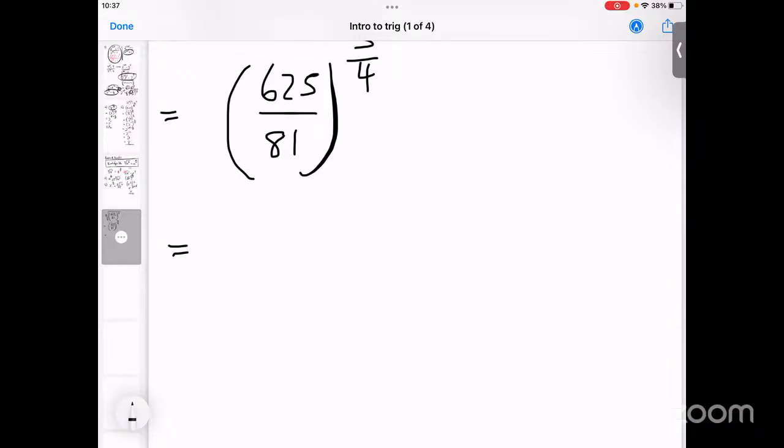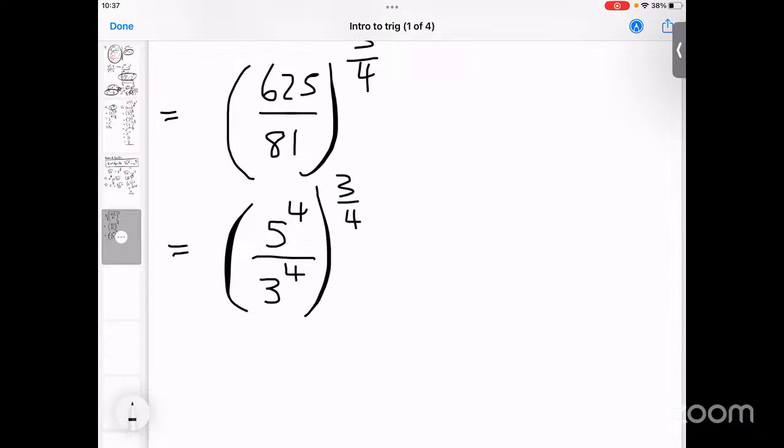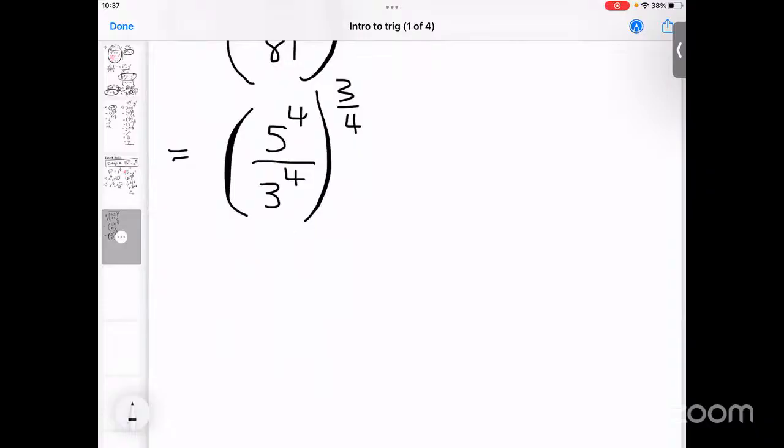When you look at the writing above that button, it's FACT. You press on it, it will give you that 625 is the same as 5 to the exponent of 4. You do the same with 81. It will give it to you on your calculator as 3 to the exponent of 4. But just remember that you still have that. Hope that part makes sense.